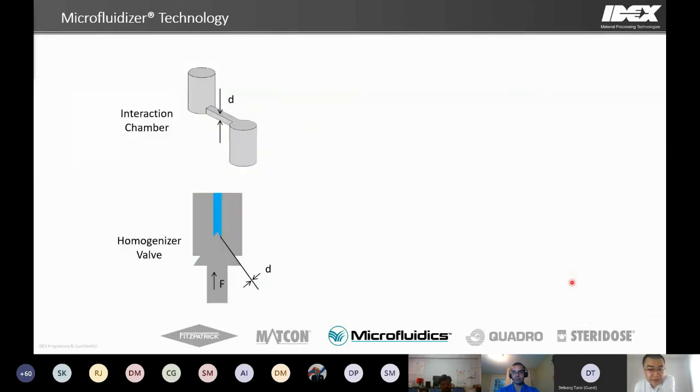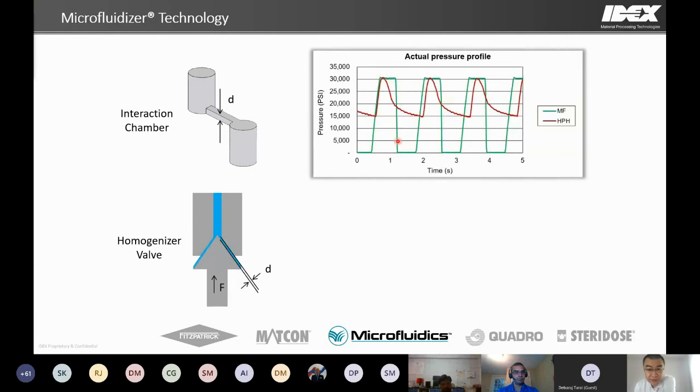As I mentioned already, a unique advantage of the microfluidizer technology is its efficiency and uniform processing. This is the result of constant processing pressure achieved by the combination of intensifier pump and fixed geometry interaction chamber. As shown in this graph, you can see the actual pressure profile measured for the microfluidizer processor, shown as the green curve.